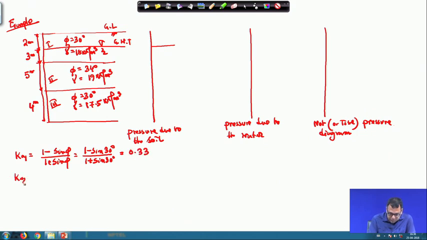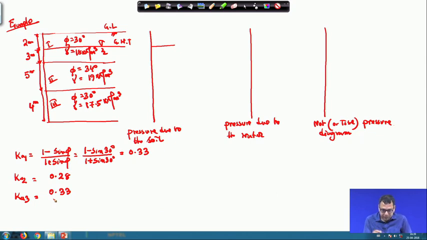Similarly, Ka2, if I put the phi value 34, then Ka2 will be 0.28. Okay. Now, Ka3 will be 1 minus sin 30 degree over 1 plus sin 30 degree. So, Ka3 will again be 0.33. Okay. So, these are the earth pressure coefficients as per Rankine's theory.